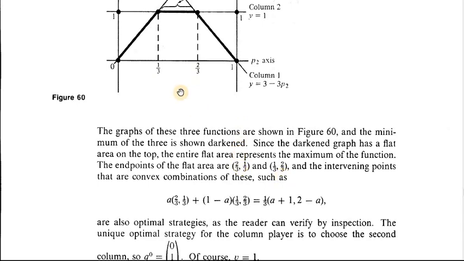So these two points here correspond to these two points here, and these both represent strategies. And any strategy in the middle, which is what we would call a convex combination, is a mixture of these two, where the sum of the coefficients is 1. So no matter what A is, as long as A is between 0 and 1, this is going to be an optimal strategy.